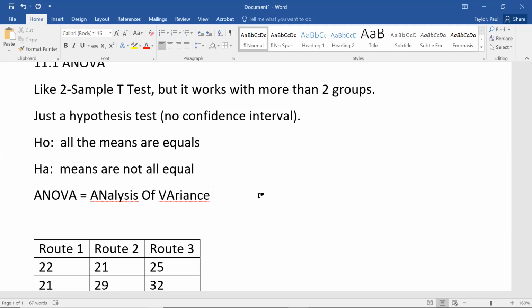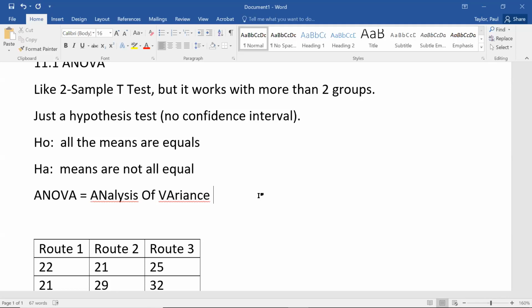The bells could zigzag a bit, but if all the groups have bells that overlap, the mean could appear in a different section of the bell for that sample for each of the groups, and it's reasonable to say that actually all the means are the same. It's just that one sample was a little bit high, so its bell shifted a bit to the right. The other sample is a little bit low, so its bell was shifted to the left, but actually maybe it's possible that all the means are the same.